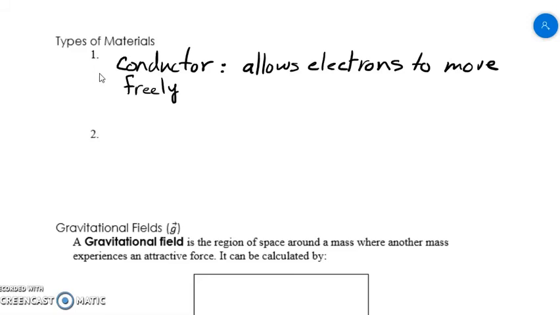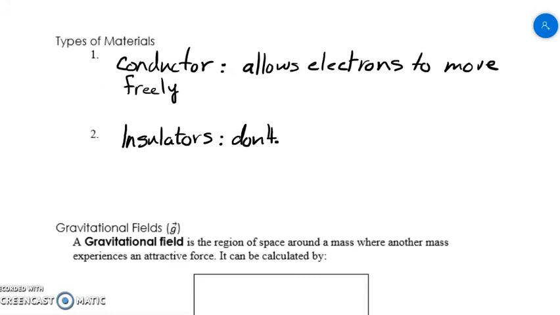Not everything conducts electricity the same, and so some things are sort of conductors, some things are really good conductors, and anywhere in between. The second classification we have are insulators. And where conductors allow electrons to move freely, insulators don't.